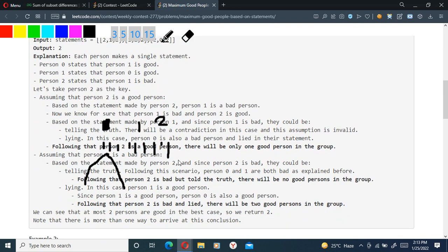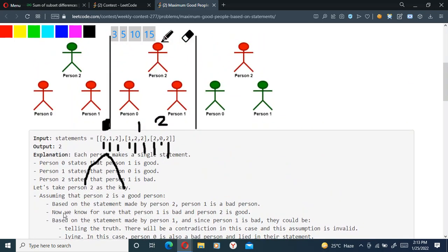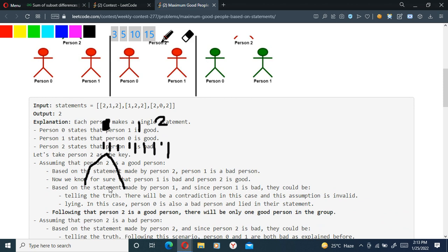These are the two conditions, right? Assuming that 2 is a good person, now he could be telling me a truth or he could be telling me a lie. This guy also could be telling me a truth or a lie. Again, a truth or a lie.